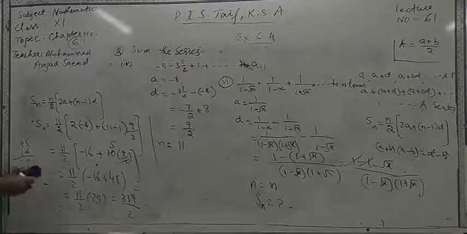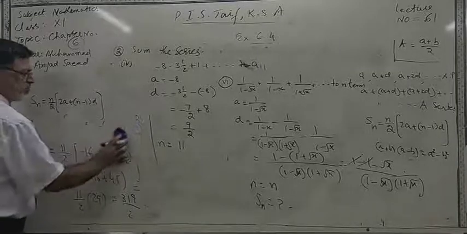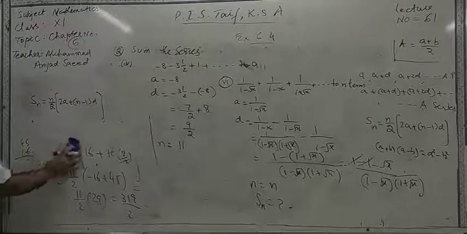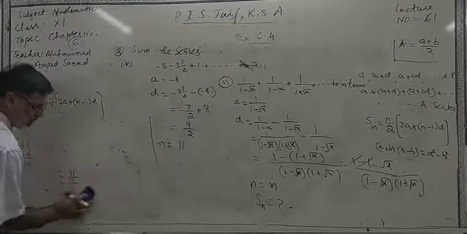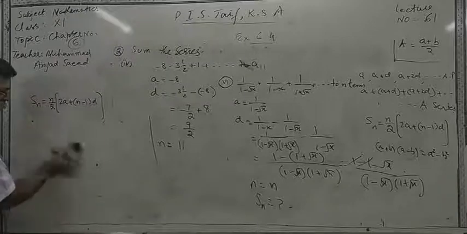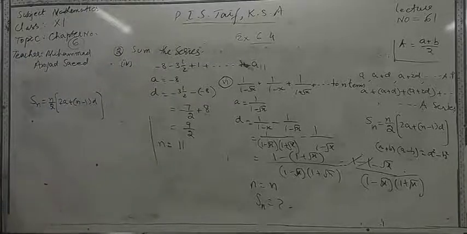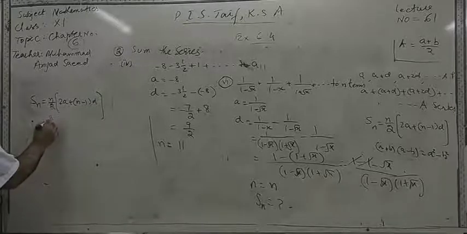Applying the values in this formula, this is n over 2 into 2a.